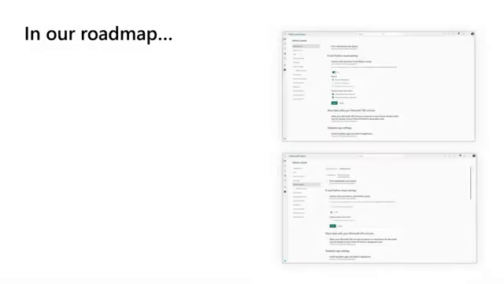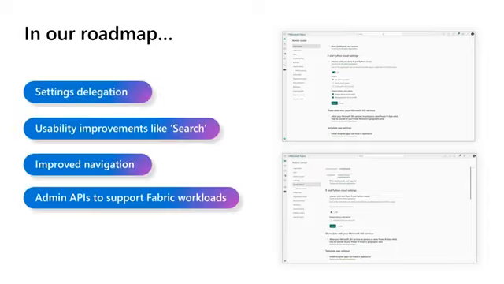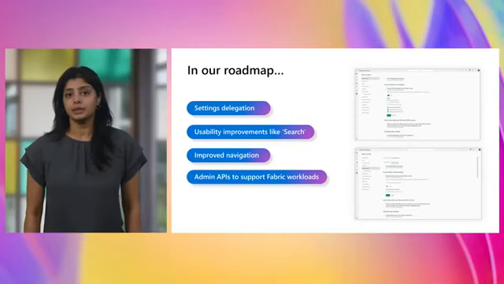Now, a quick look into other features we're actively working on. We plan to make available more settings which can be delegated by a tenant admin to capacity or domain admins and workspace admins. This allows for distributed and granular management of relevant settings, enabling efficient management as we introduce new workloads and features in Fabric.